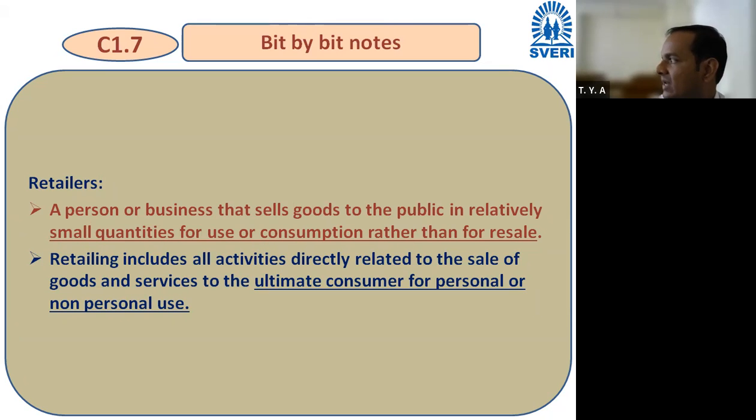So he is a retailer. किरकोळ विक्रेता म्हणतो आपण. फळ बाजार, फळ विक्रेता. Getting? So he is selling product for consumption directly and in small quantity, right?